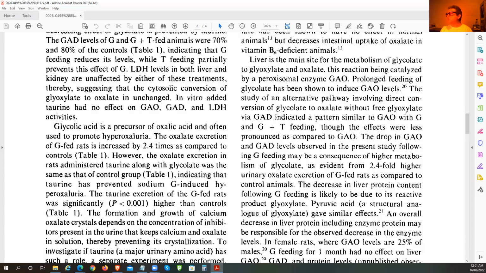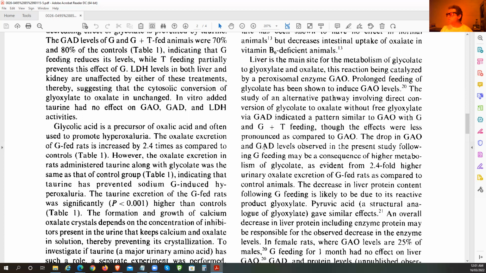The study of an alternative pathway, so it's not that other pathway, it's this enzyme. So it's more of an enzyme that then allows this to be taken up and converted in the liver. The study of an alternative pathway involving direct conversion of glycolate to oxalate without free glyoxylate via GAD indicates a pattern similar to GAO with G and GT feeding, though the effects were less pronounced as compared to GAO.